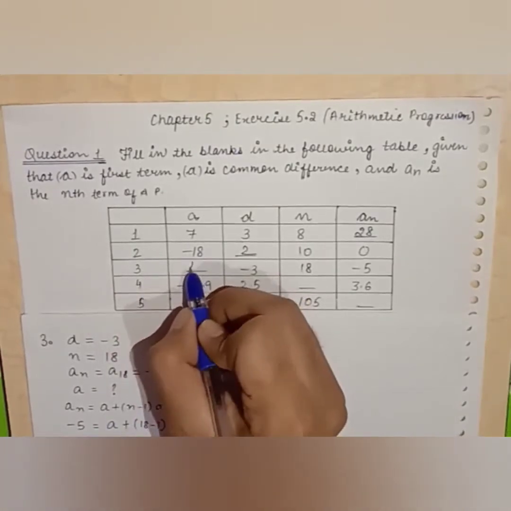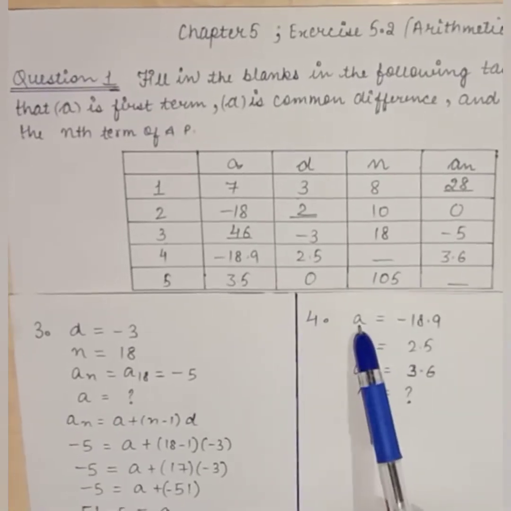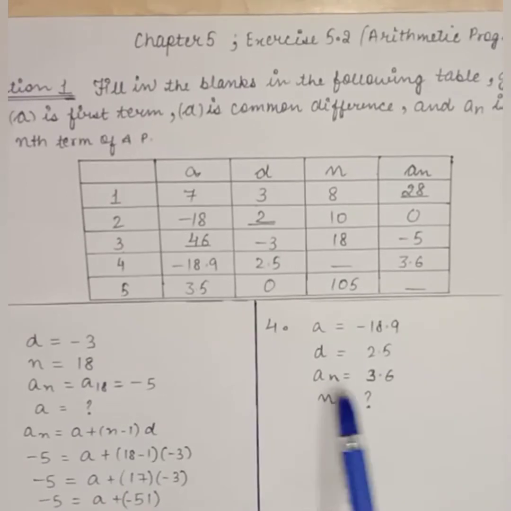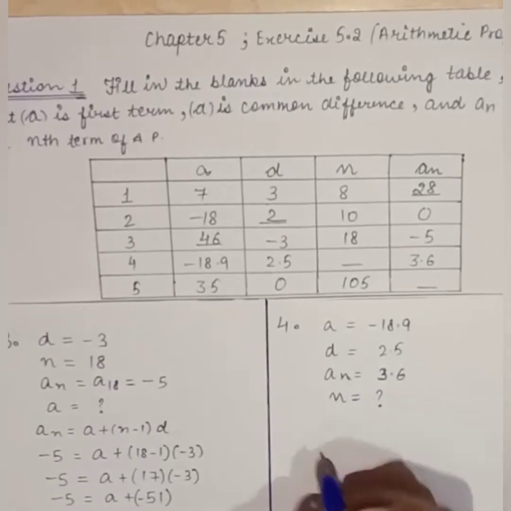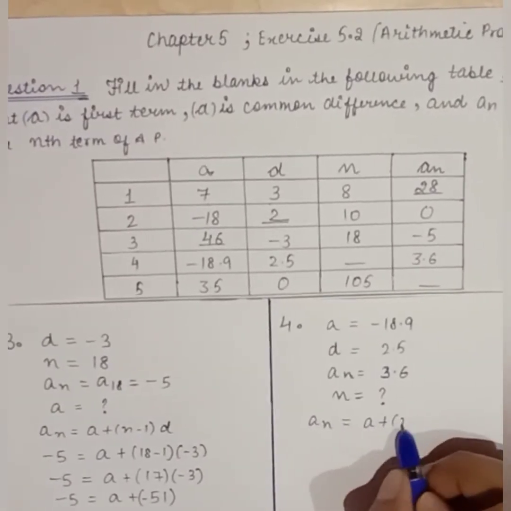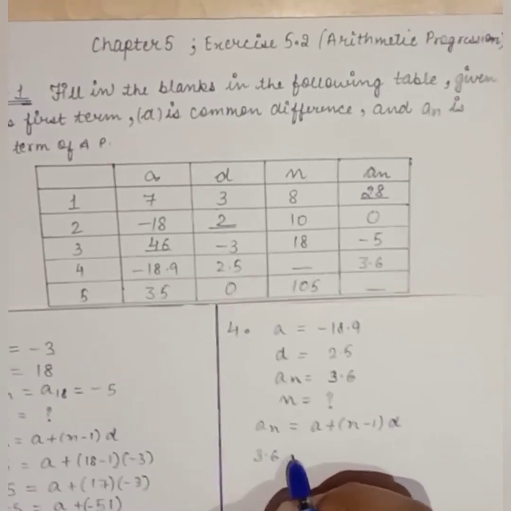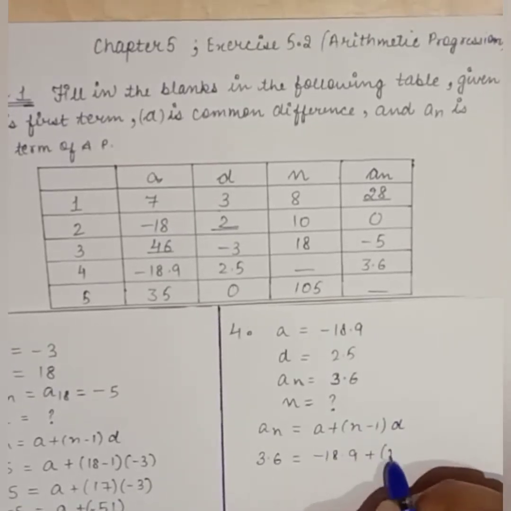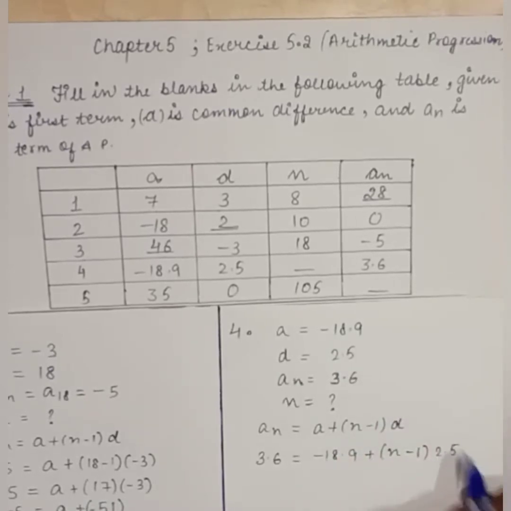We write here 46. In the fourth question, we are given a is minus 18.9, d is 2.5, nth term is 3.6, and we have to find n. Now we use the formula an is equal to a plus (n minus 1)d. an is 3.6, a is minus 18.9, n remains as it is, minus 1, d is 2.5.